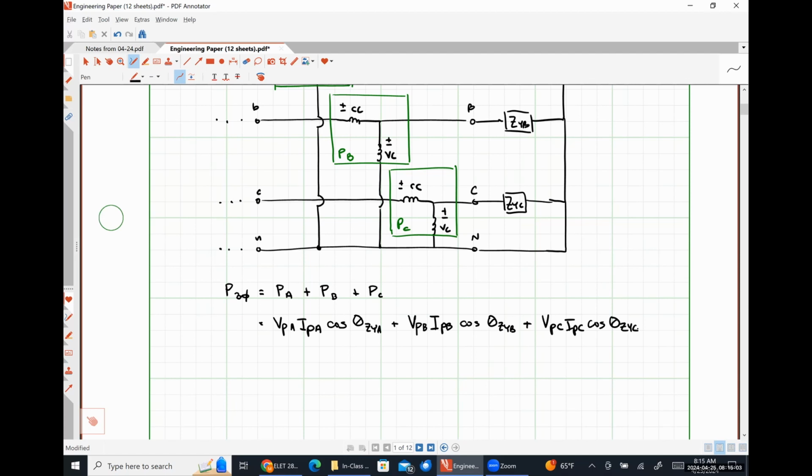So just phase voltage times phase current times the cosine of the angle of the impedance is giving us our average power on all three of those phases.